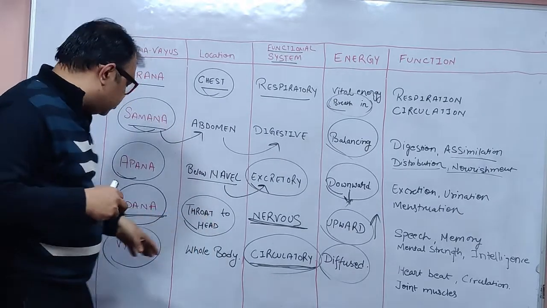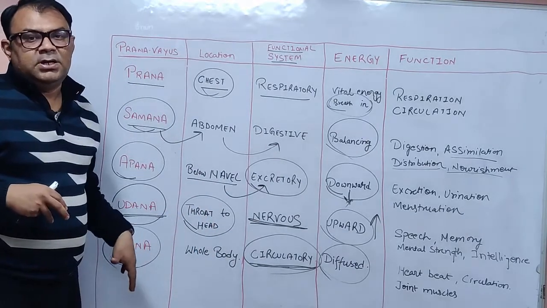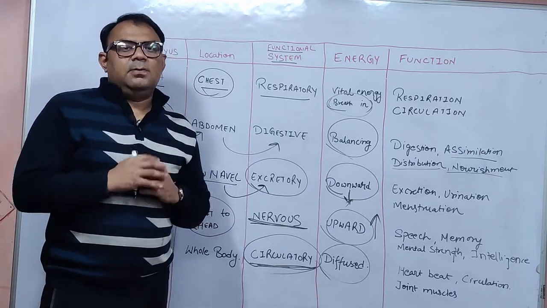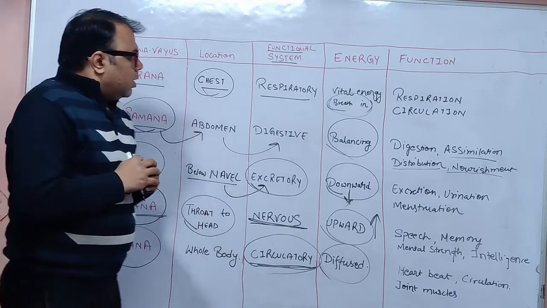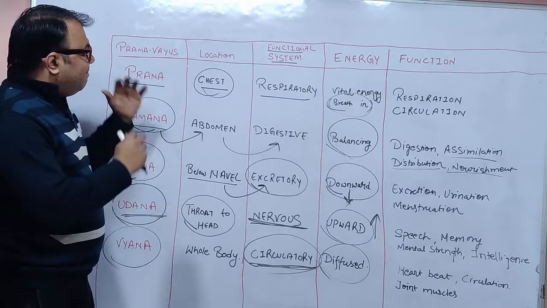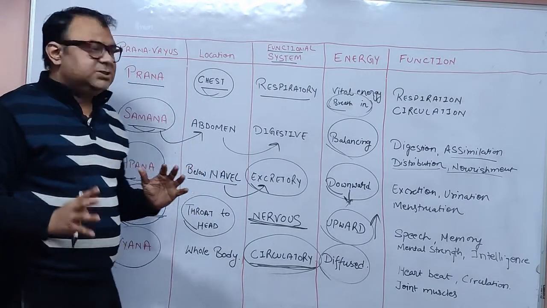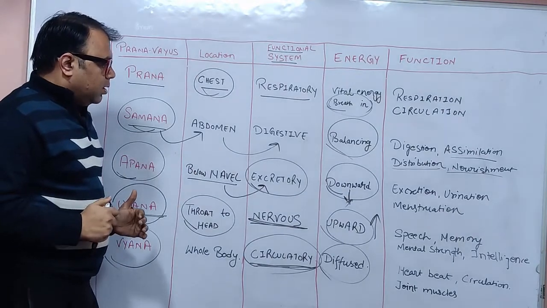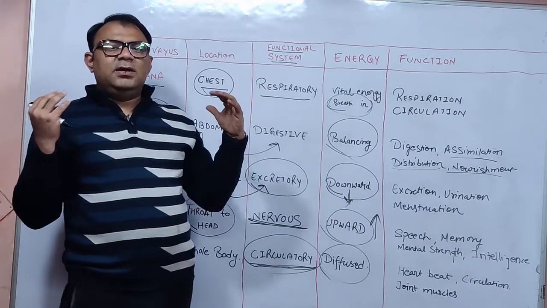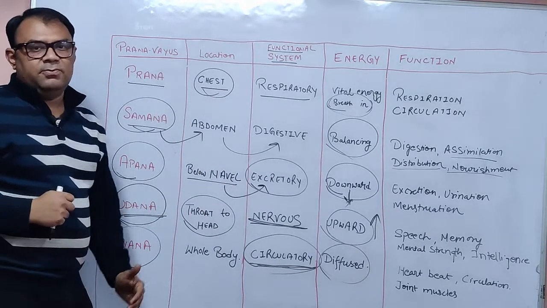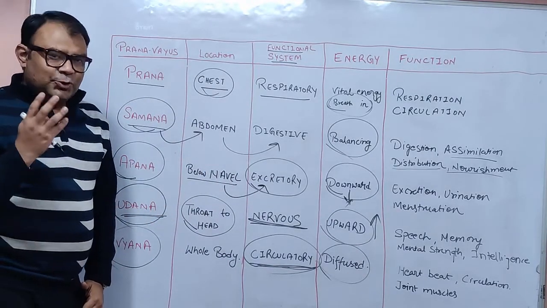Basically, this vayu is responsible for the circulation of all the vayus in our body. Hope you have understood the basic concept and the differences among these prana vayus. In other videos, we'll study each and every prana vayu in detail. So, thank you.